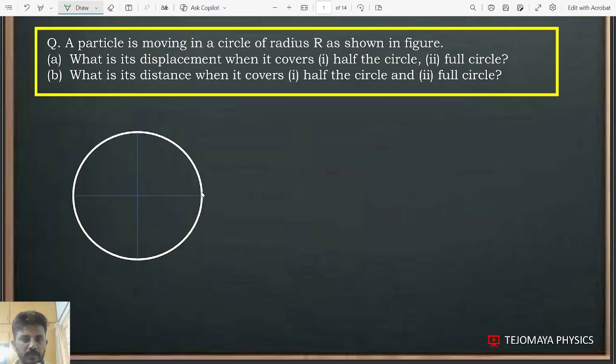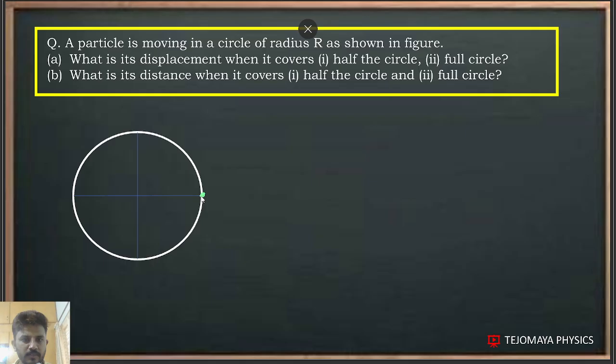So let's consider the particle is here, that is at point A. What is the displacement when it covers half the circle? So when it comes here, what is the displacement? Displacement is the shortest distance.